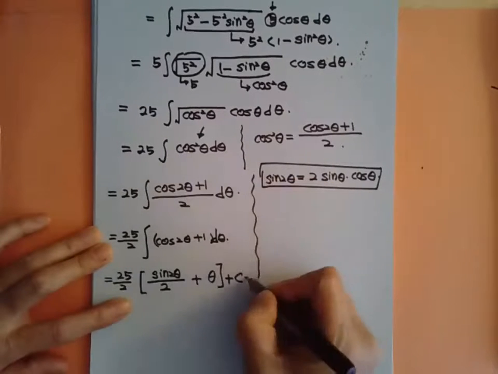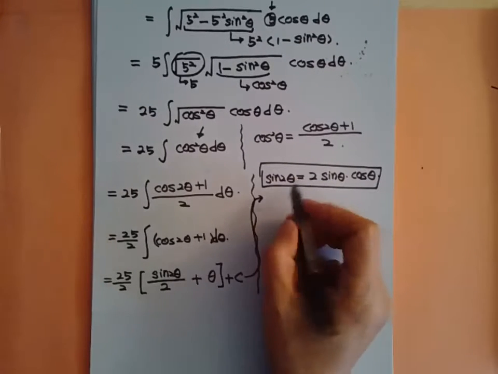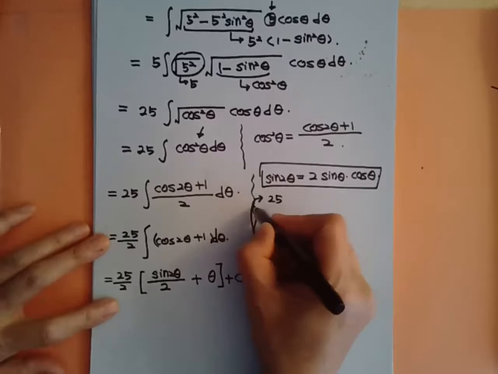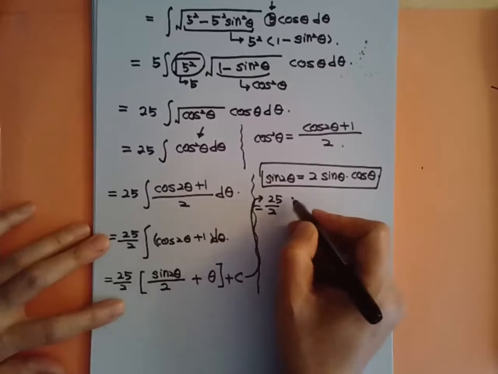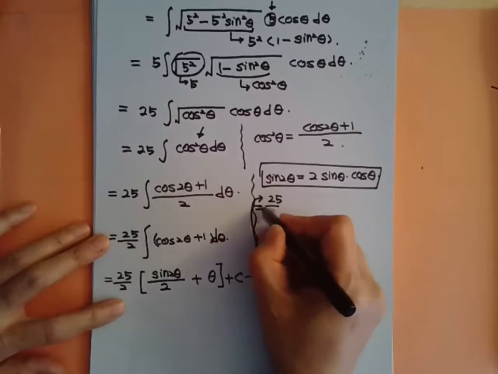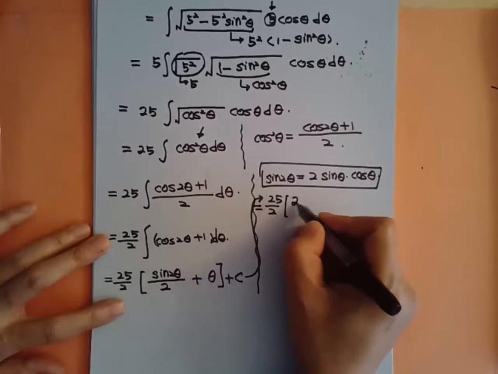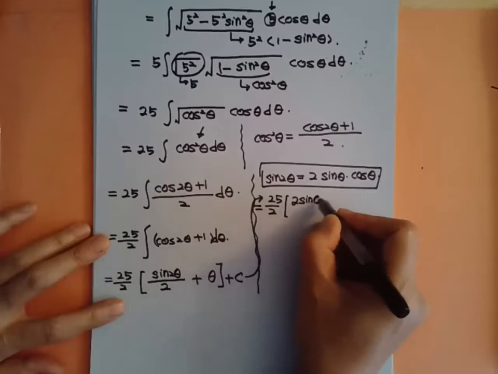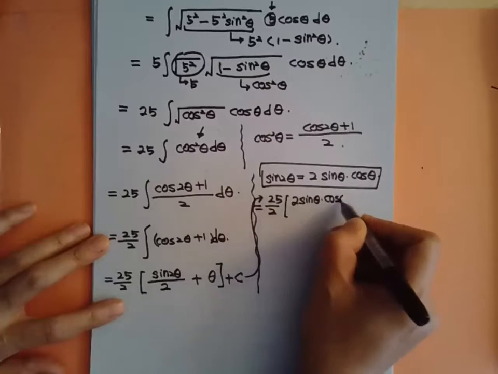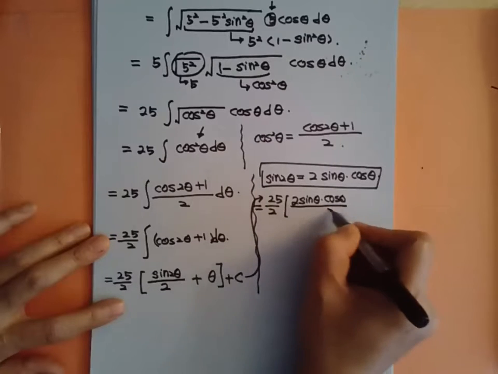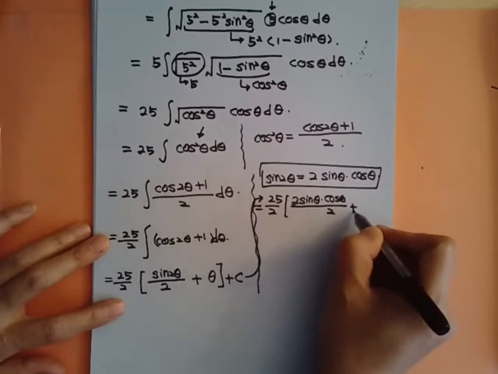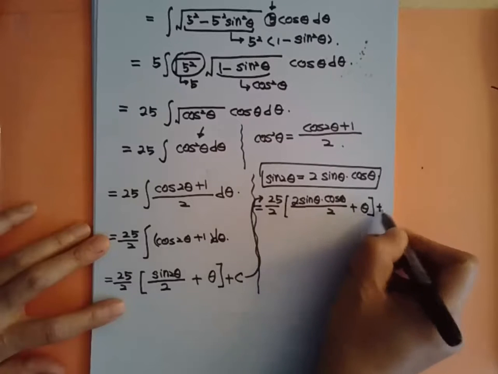So we go here and that equals 25 over 2. Instead of sine of 2 theta, we will write 2 times sine of theta times cosine of theta over 2 plus theta plus c.